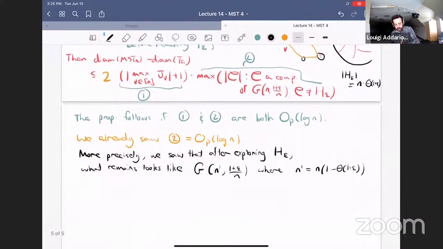And this graph looks roughly like, if you rewrite this probability in terms of n', and let me just write lambda for the moment as 1 plus epsilon, then this looks like G(n', lambda hat over n'), where lambda hat is the dual parameter to lambda, and this is a subcritical random graph.